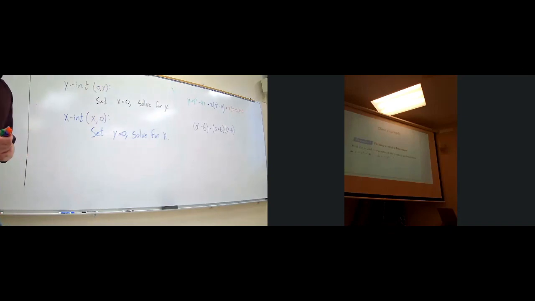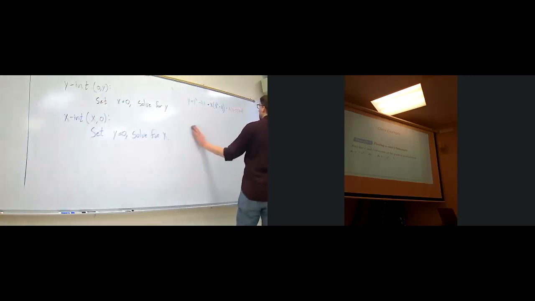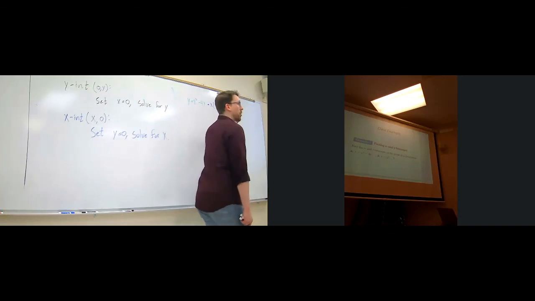I did this for a very particular reason. It's going to make it easier for us to solve when X is equal to 0, because when X is equal to 0, we're multiplying all of it by 0. So it's got to be 0.